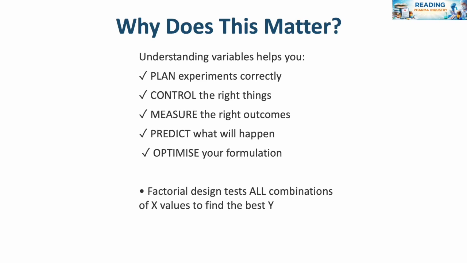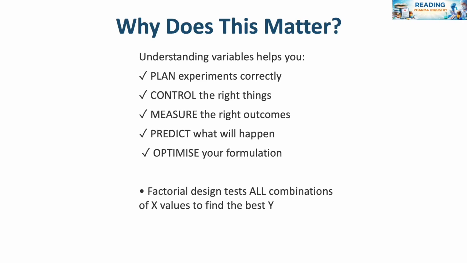Overall, it helps you control the right things. This way you keep your independent variables precisely at the levels you chose. It also helps you measure the right outcome. For that you need to accurately measure your dependent variable. And finally, it helps you predict what will happen.